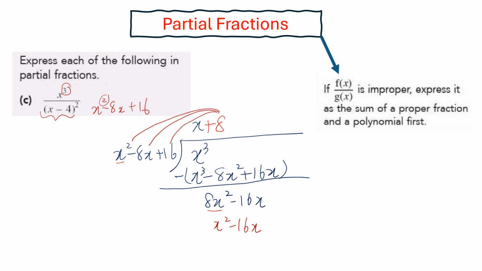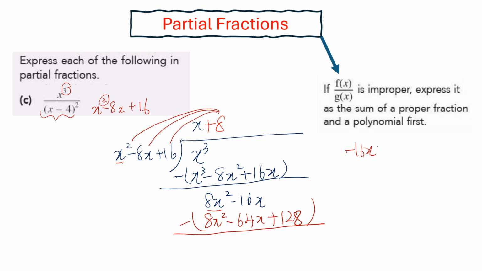Wait, I think I made a mistake here. 8 times x squared will give you 8x squared. 8 times negative 8 is negative 64x. Then plus 16 times 8, 128. And that will give me negative 16x.